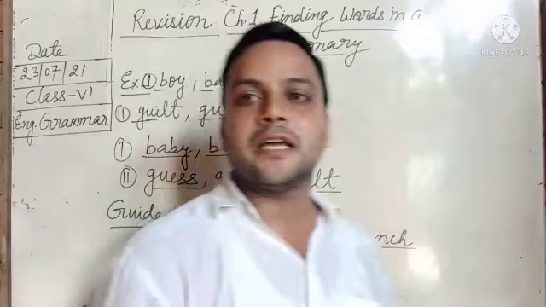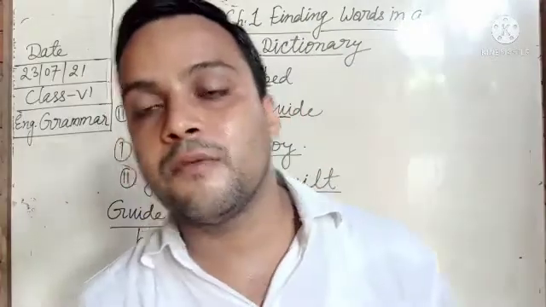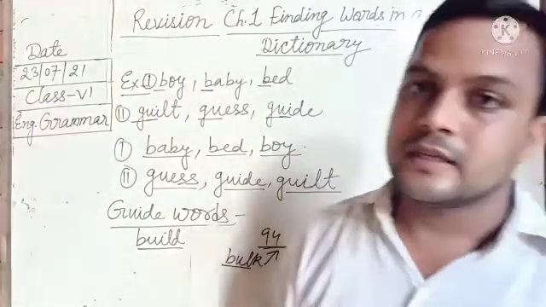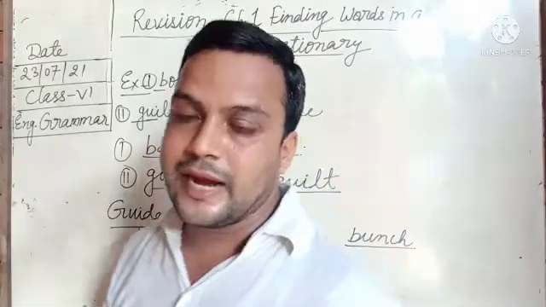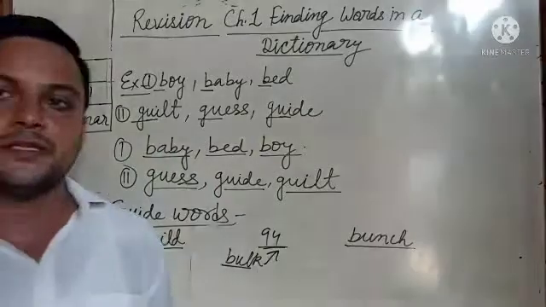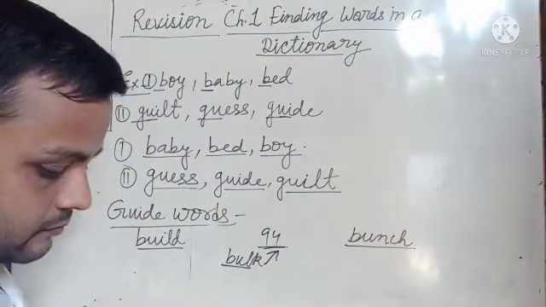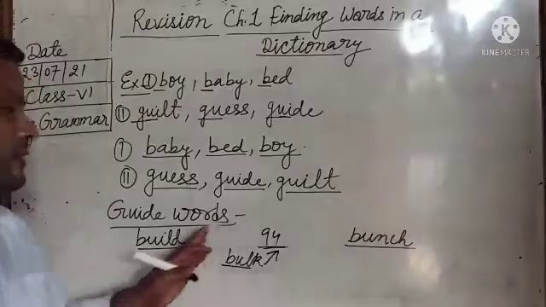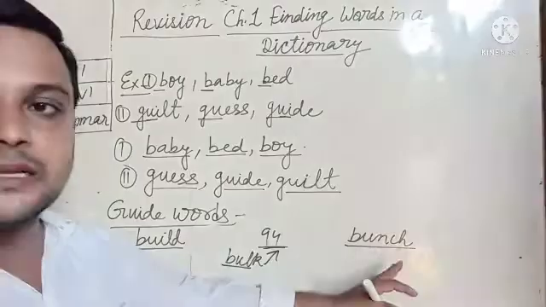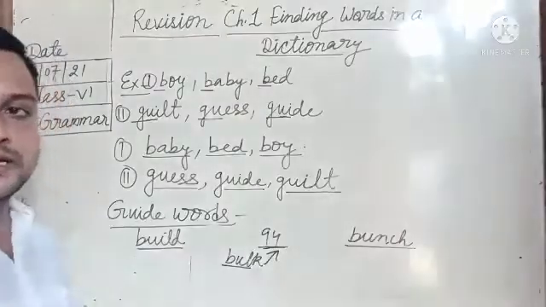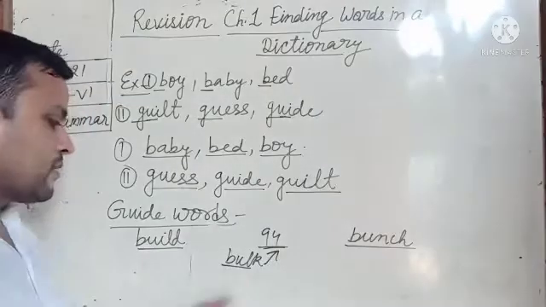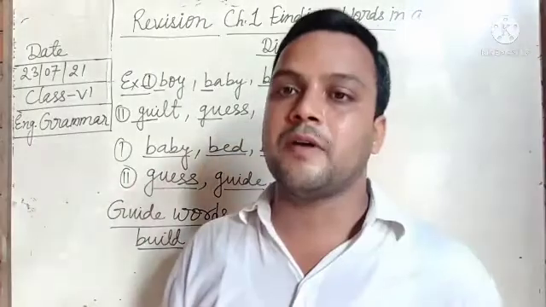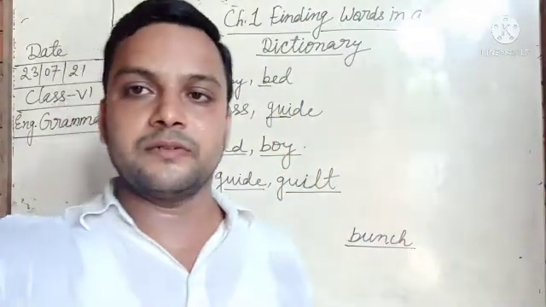So guide words are useful to help us find words quickly in a dictionary. The guide word on the left tells us the first word, and the guide word on the right tells us the last word on that same page. Okay? So in this chapter you have to know how to arrange the words in alphabetical order and guide words.